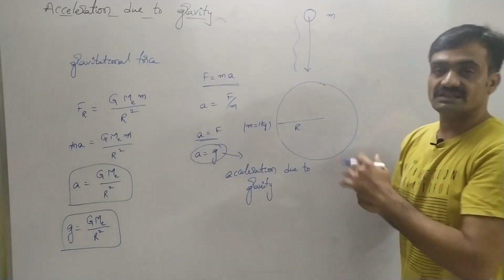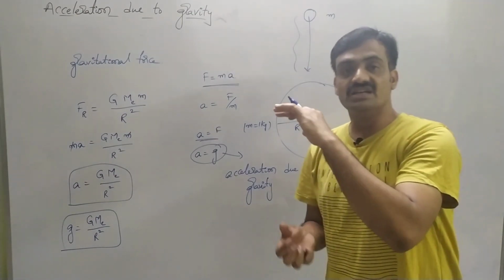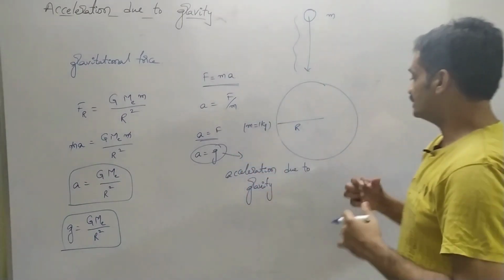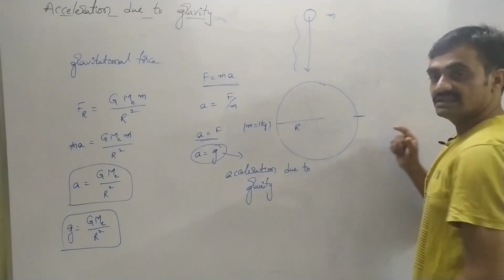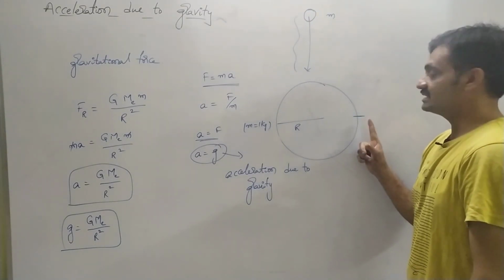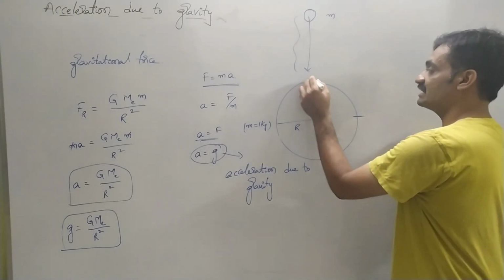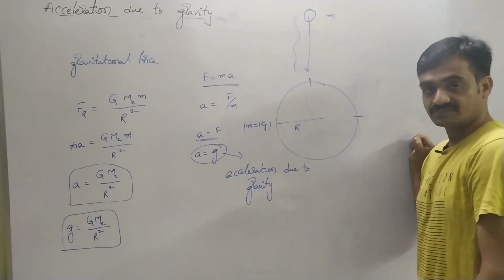Here as we consider the surface of the earth, this acceleration due to gravity continuously changes from one place to another place. So the acceleration due to gravity at this place is different as compared to the acceleration due to gravity at this place.